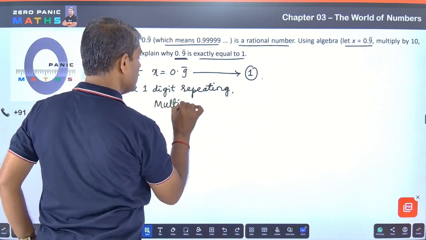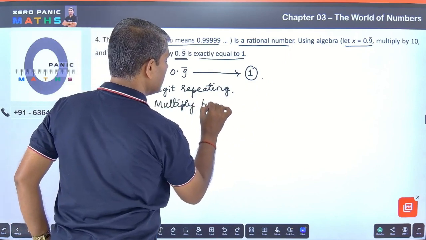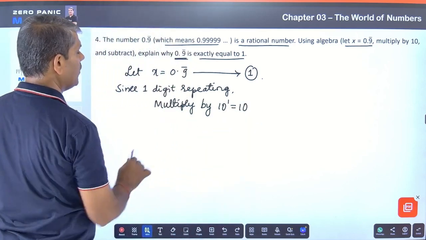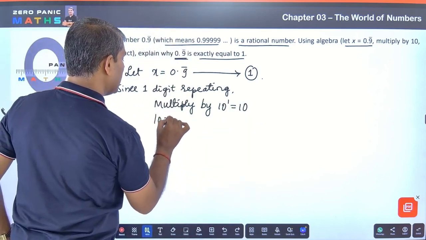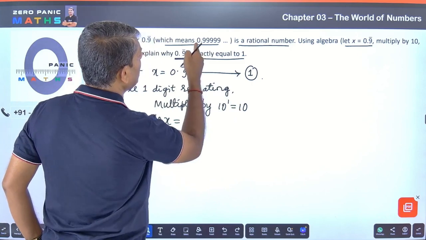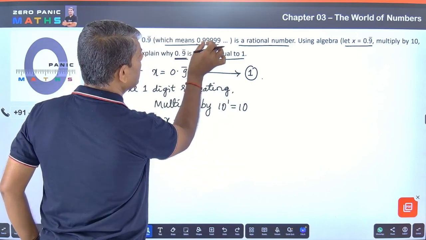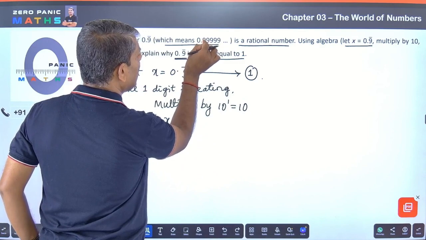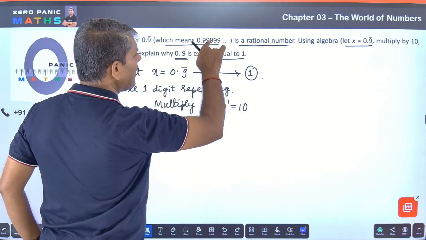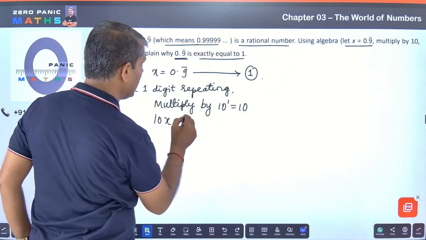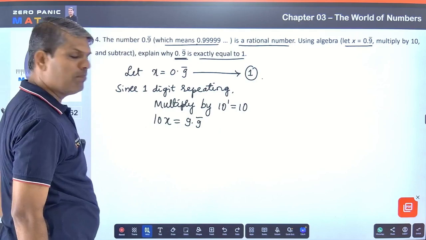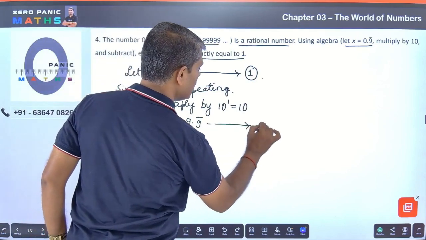So I get 10x. Multiply equation 1 by 10. If you multiply 10 with 0.999, one 9 is pushed to the left side, and because there are infinite 9s on the right side, it is again left with 9 bar. Consider this as equation 2.